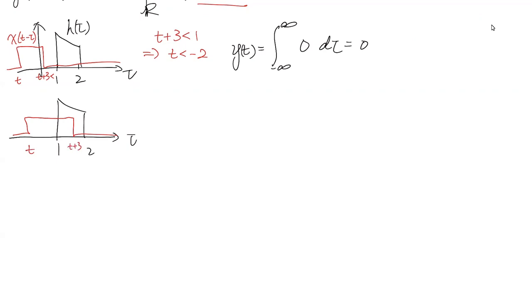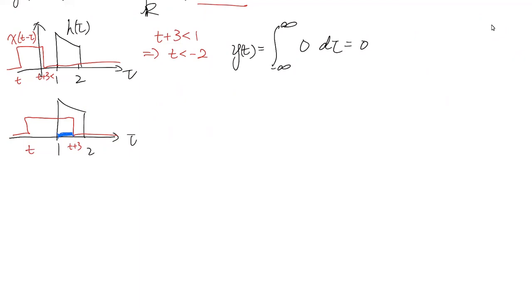So in this case, the overlapping segment is here, from 1 to t plus 3. All other places, we only have one curve, and the other curve is 0. Here we have just one curve, and here we have no curves. So basically, only this interval gives you non-zero integration values.